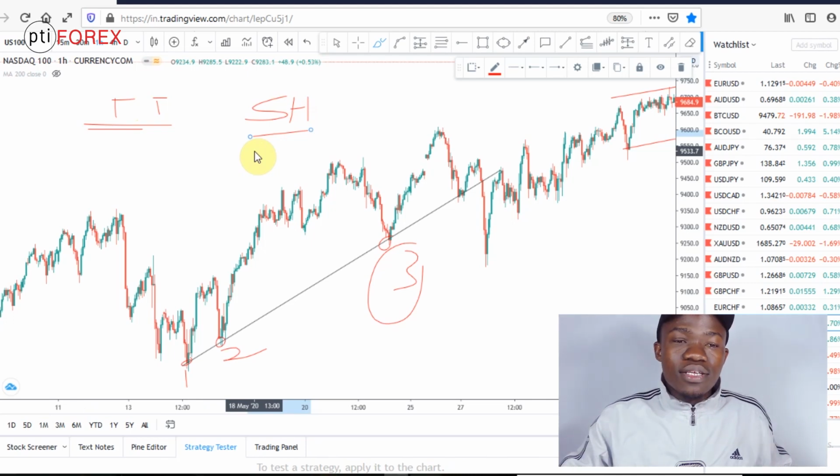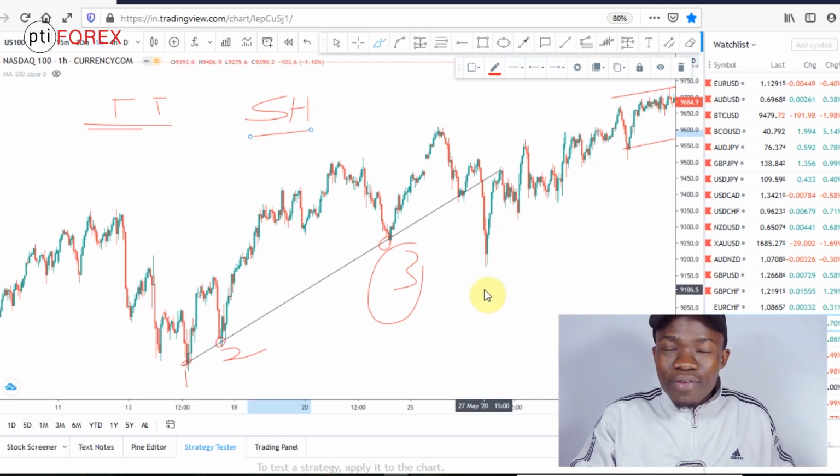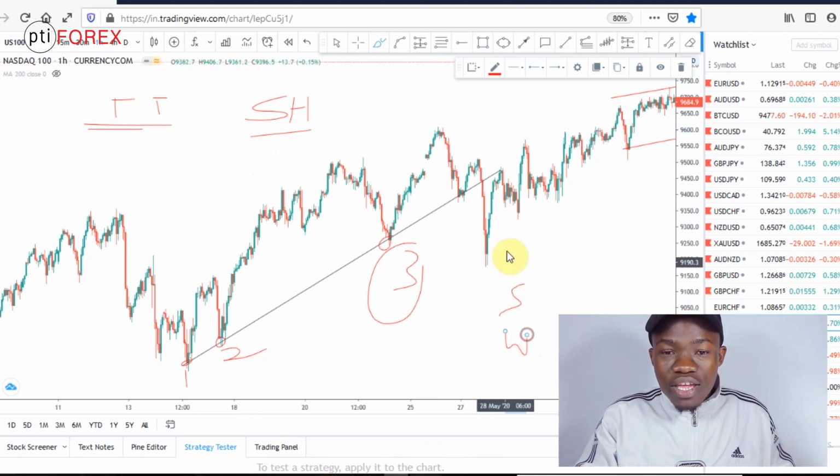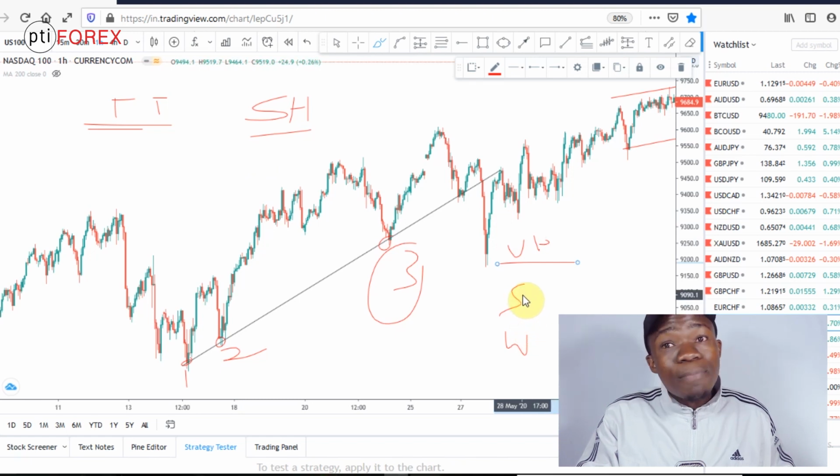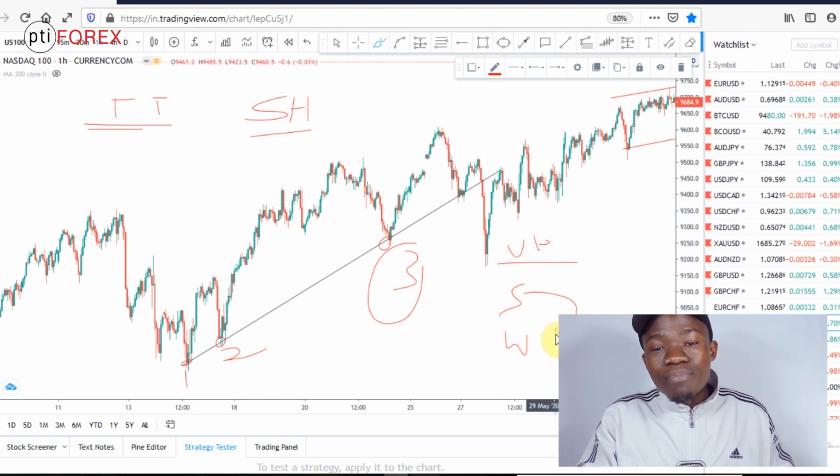Okay, understand this. When it comes to trends, we have two types of trends. We have a strong trend and a weak trend, meaning if it's an uptrend, we can have a strong uptrend and a weak uptrend. So there is a time whereby the market shifts from a strong uptrend into a weak uptrend. So when it shifts there, you need to know that your trend line is going to be disturbed.